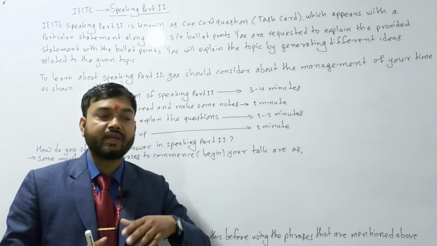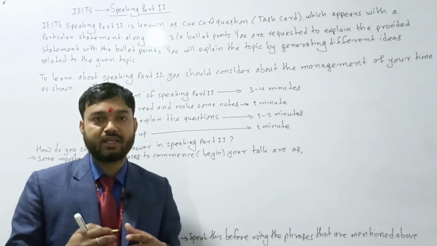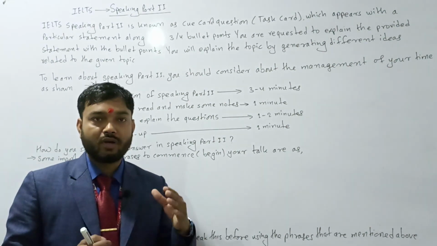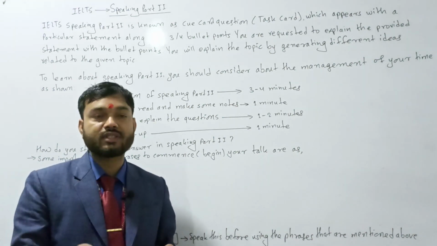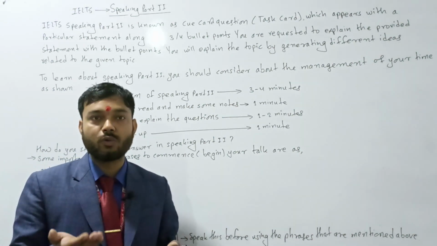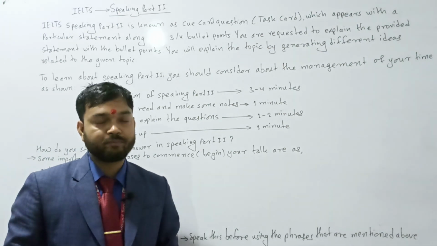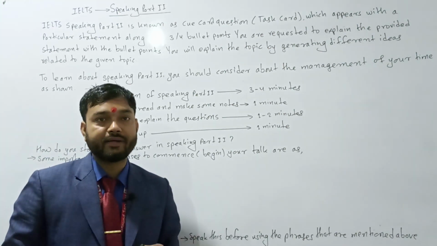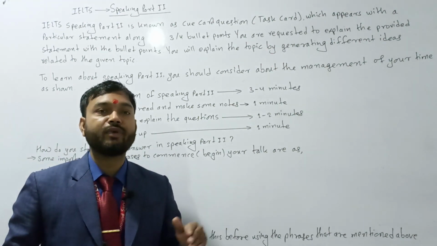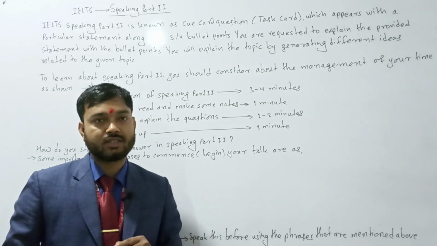If you are not able to complete your answer in 1 minute or above, then the examiner will show you a symbol like this to go and explain more, right? So always remember, you should be prepared for speaking more than 1 minute and less than 2 minutes, right?